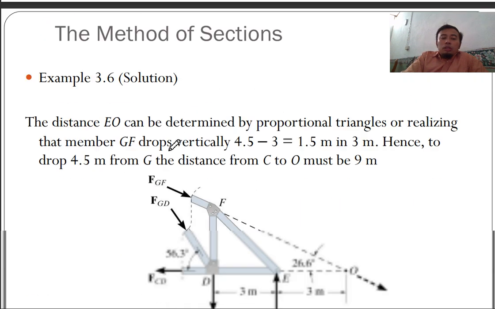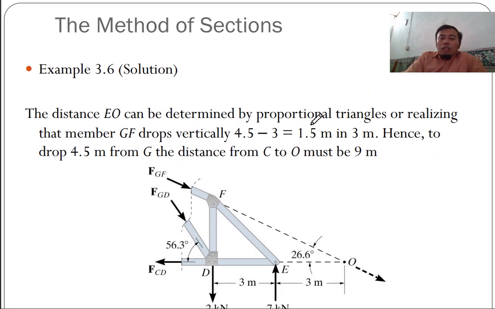So the distance EO can be determined by proportional triangles or by realizing that member GF drops vertically 4.5 minus 3 meters, which is 1.5 meters in 3 meters. Which is a proportional triangle. Hence, to drop 4.5 from G, the distance from C to O must be 9 meters. It is proportionate.